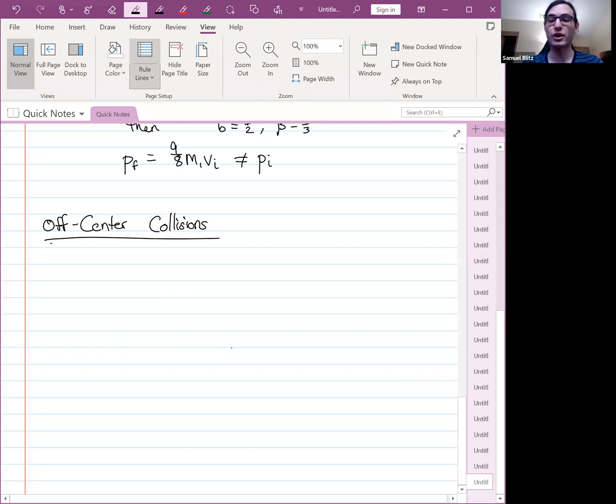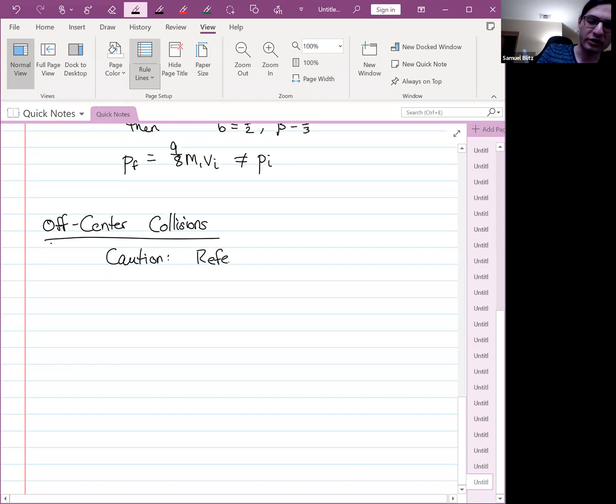But we have to make sure that we are being very careful to use the same reference point before and after the collision, because the object is going to move, or rather the object will start spinning. So we have to make sure that we're being consistent with regards to the reference point. Just as a quick word of caution, I'll write that down.